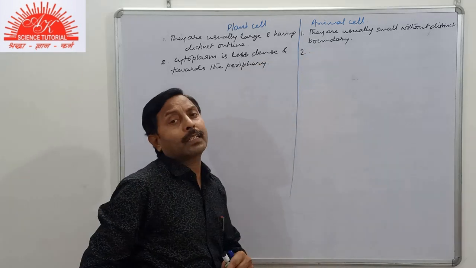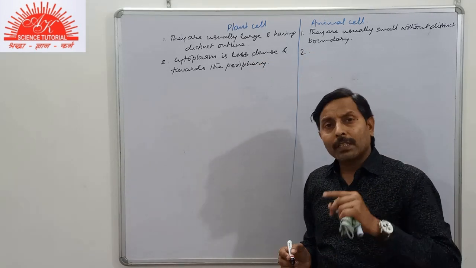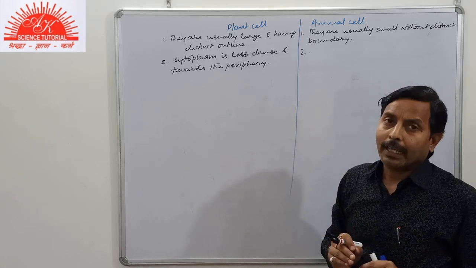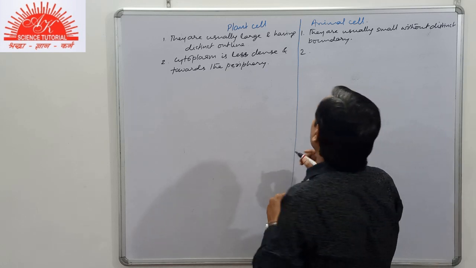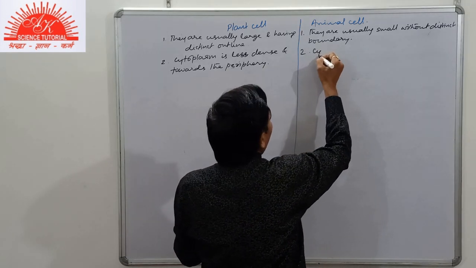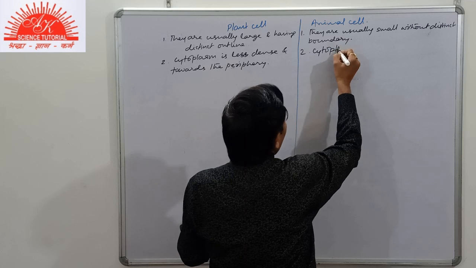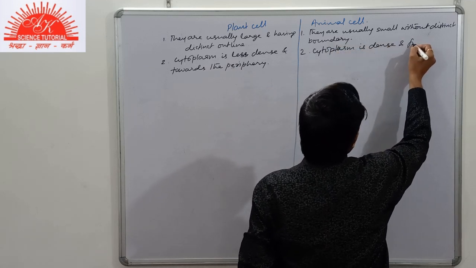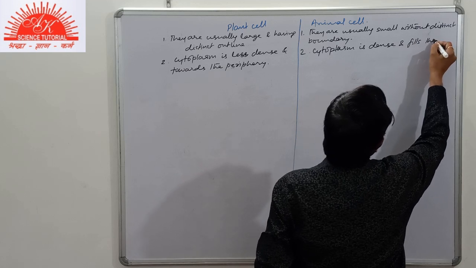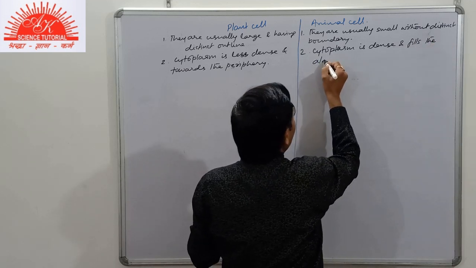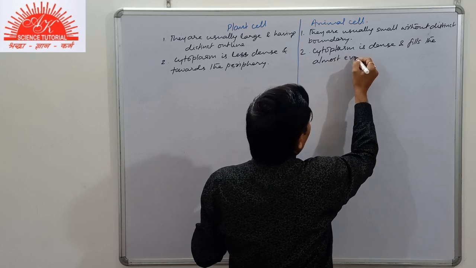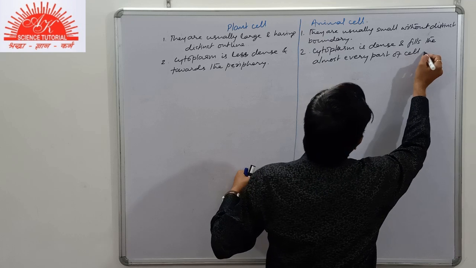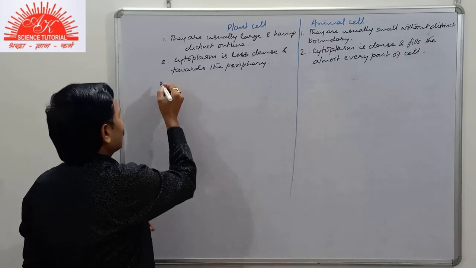In case of animal cell, the cytoplasm is dense and fills almost every part of the cell, that is inside the cell membrane or plasma membrane. Now this is the next point.